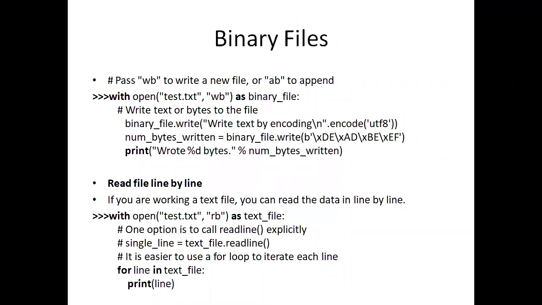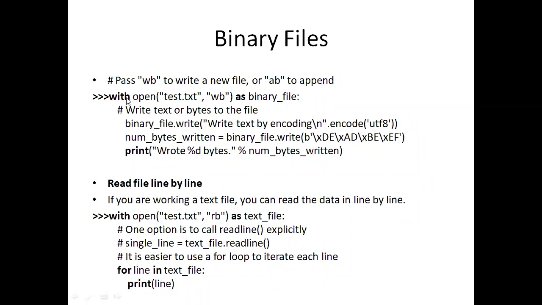When you want to go with binary files, just mention WB, and for reading RB we are going to use. Earlier we worked with the open method directly, storing the data into one variable. There is another way to work with files, with the help of the with keyword.